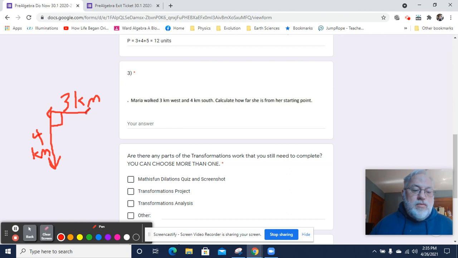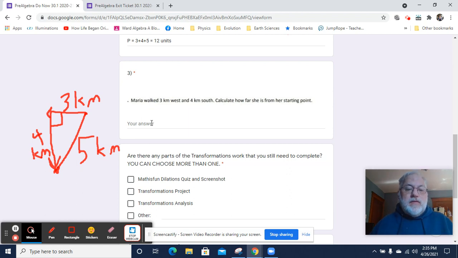That's a right angle, which means that the distance she is from her starting point here is the hypotenuse of that triangle. It's the C side. So we just did a 3, 4 triangle. So this one is going to be 5 kilometers. So that's her answer. Okay. 5 kilometers, because this makes a 3, 4, 5 triangle.